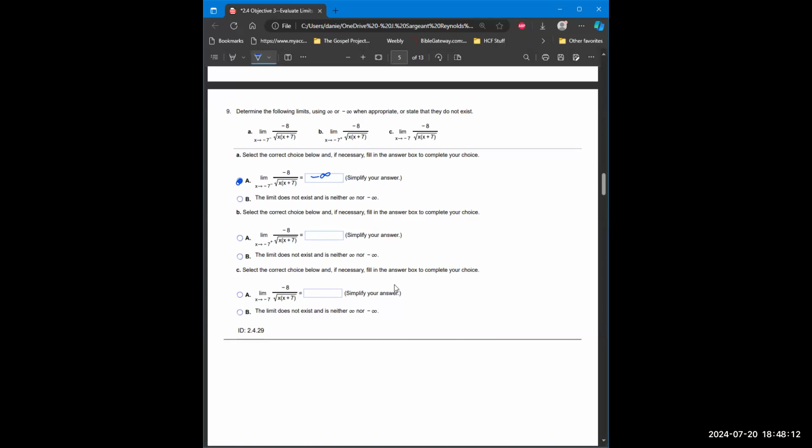So I get close to negative 7 from the right. That's a negative times a positive, which is a negative. Can't do that because I'm going to get a negative on the inside of the square root. So that limit shouldn't exist.